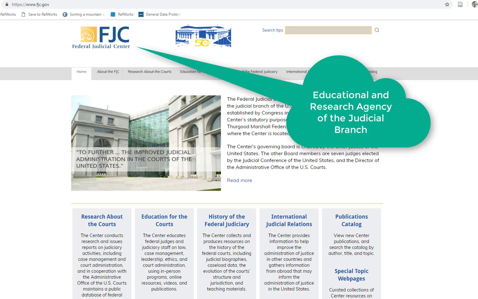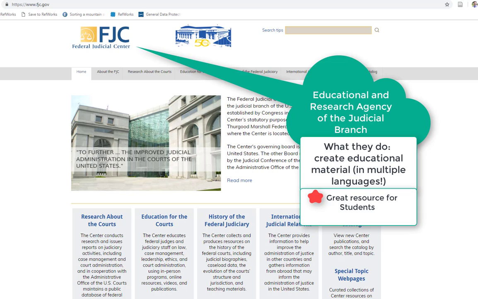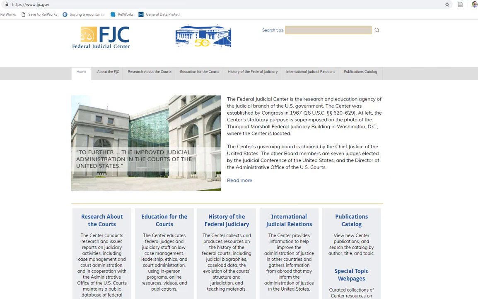As a result, the FJC website creates and disseminates educational information that could be valuable to students trying to learn about the federal judicial system in the United States, but also it's very helpful for lawyers that are practicing international law. The Federal Judicial Center has a couple of primary missions, but one of them is to stimulate, create, and develop programs of continuing education and training, which is us.